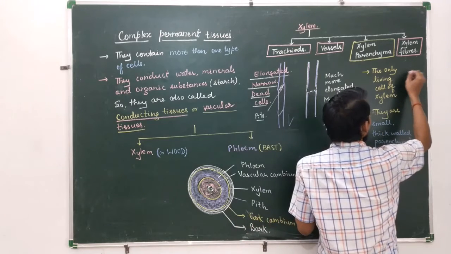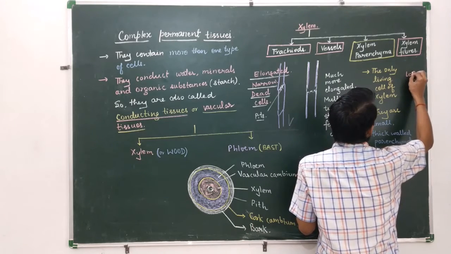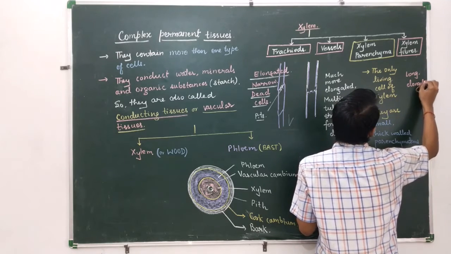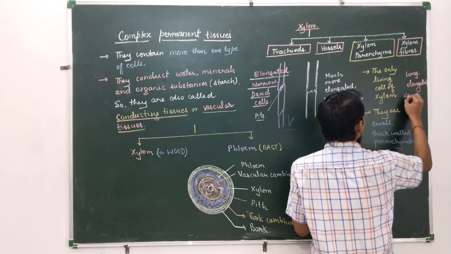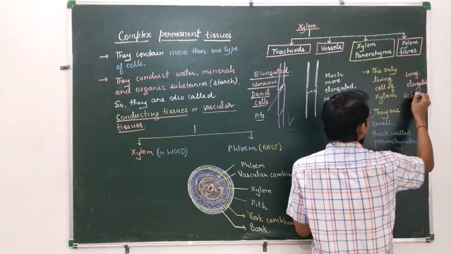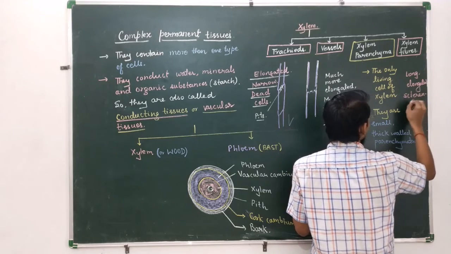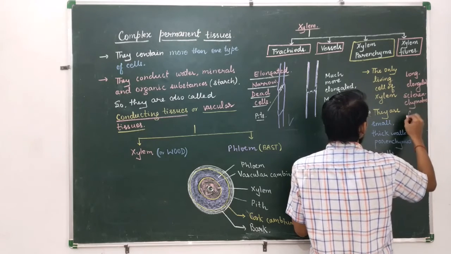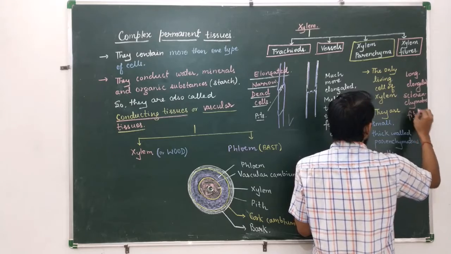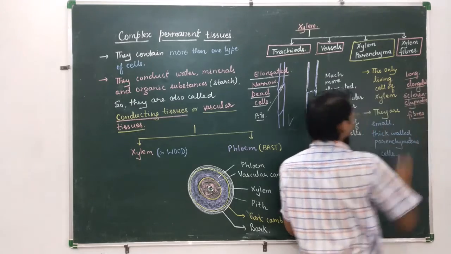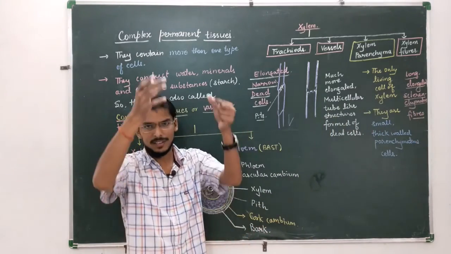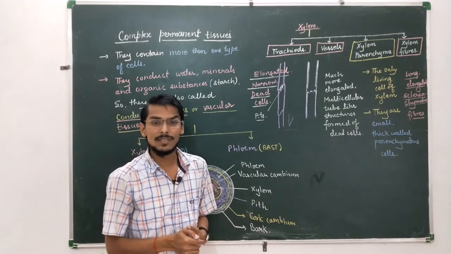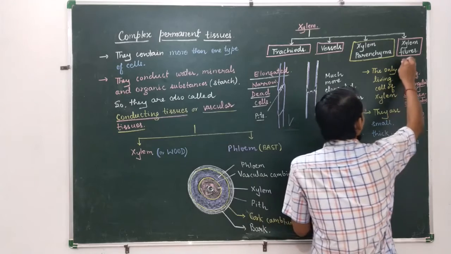So they are long, elongated, sclerenchymatous fibers. You know very well, sclerenchyma cells are dead cells and they are mainly related with the mechanical support of the plant body. So xylem fibers are like this.